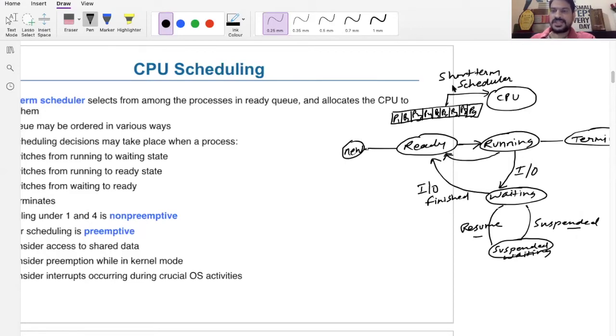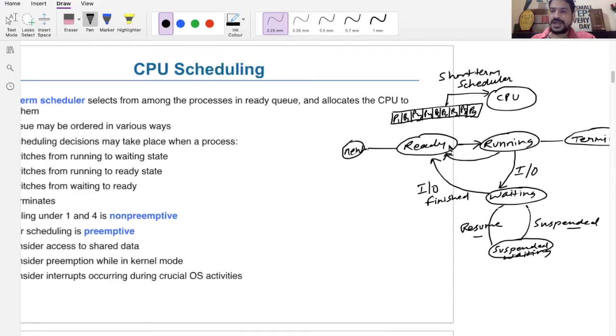Okay. And the short-term scheduler will make the decision on which particular process will go to the running state from the ready state. Taking the process from the ready state to the running state, or from the running state to the ready state, is called context switching.